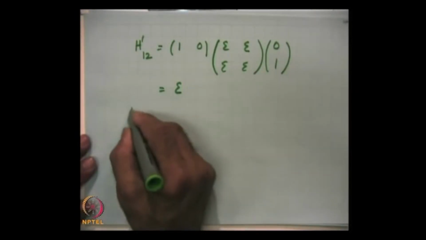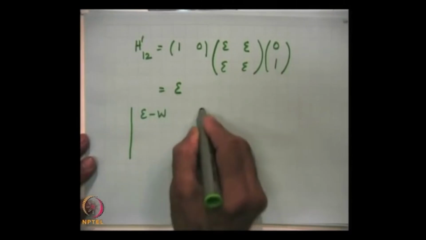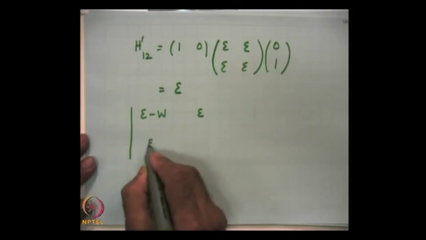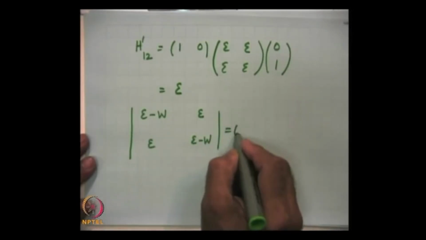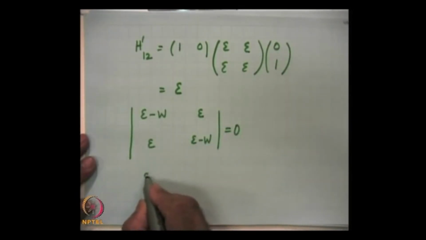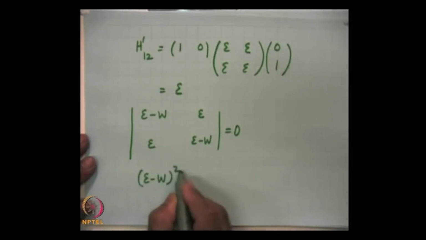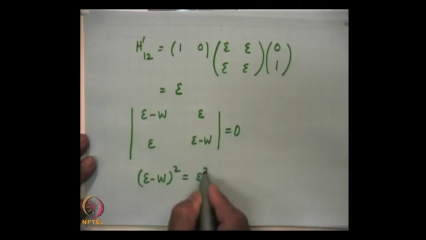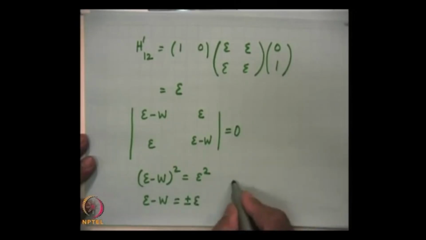The secular determinant becomes epsilon minus W, epsilon; epsilon, epsilon minus W, equal to 0. So, you have epsilon minus W whole squared equal to epsilon squared, epsilon minus W is equal to plus minus epsilon.